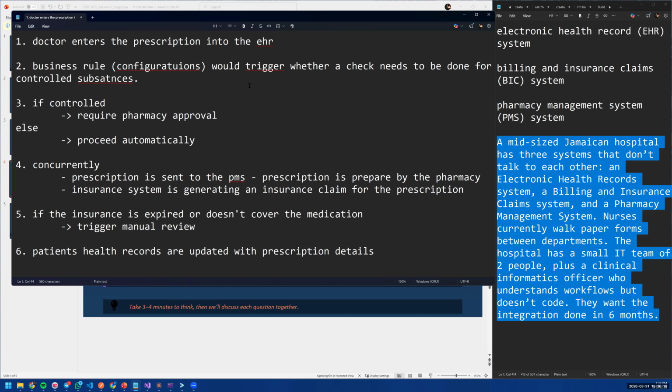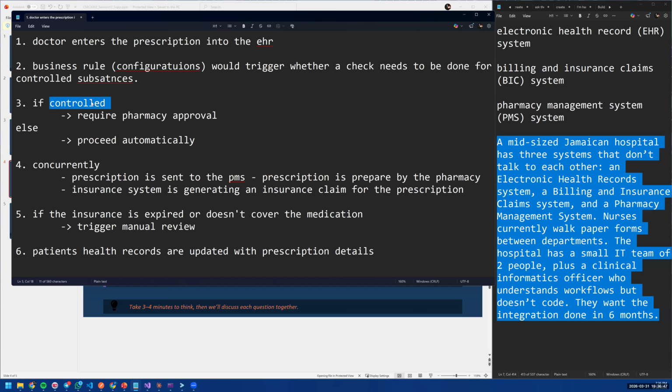We need checks to see if a prescription includes any controlled substance. Controlled substances are things that can be very easily abused, like opiates and other hard drugs, right? So you'd want flags or checks to see if controlled substances are being prescribed to a patient.